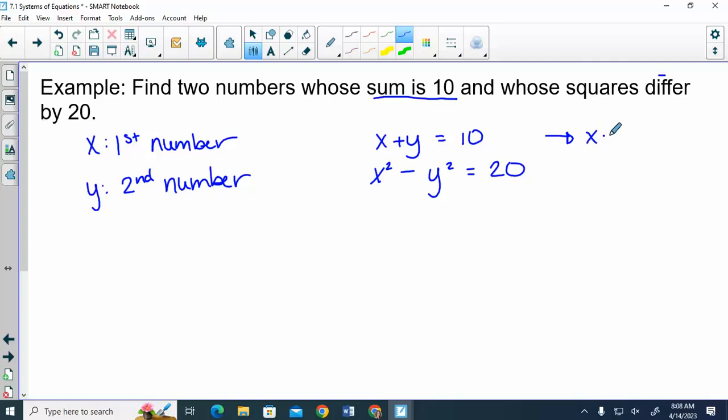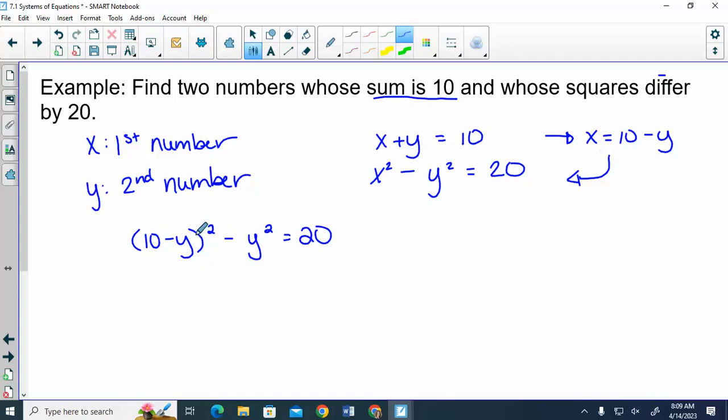So x would equal 10 minus y. And then I'm going to plug that into my second equation. So x would be 10 minus y squared minus y squared equals 20.